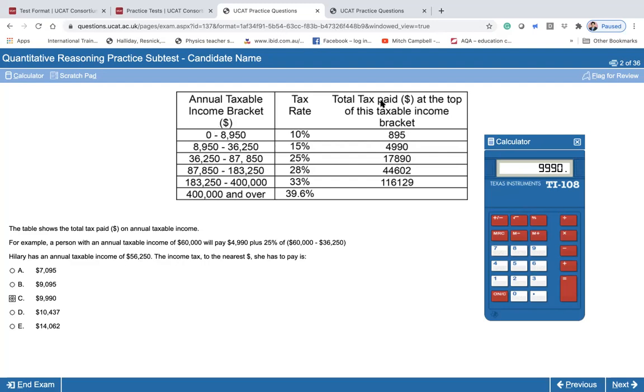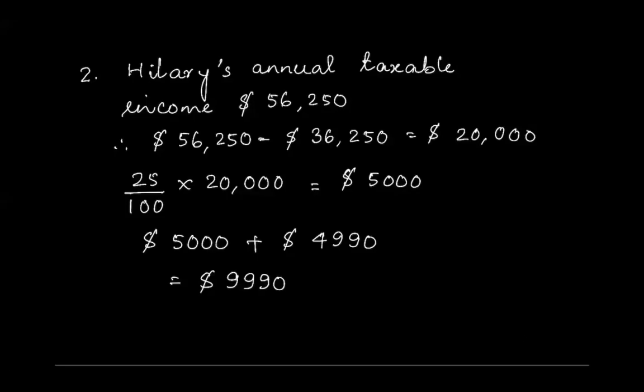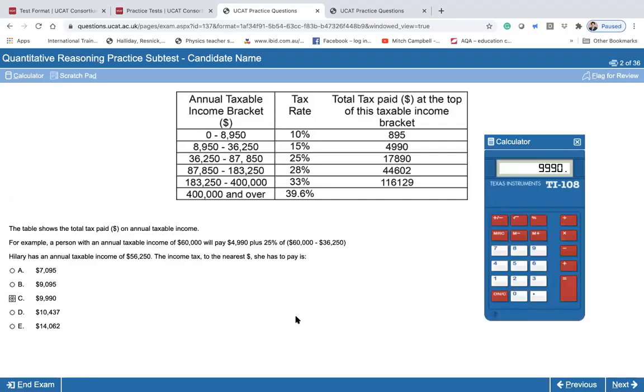I can just work it out on my iPad. 56,250 minus 36,250 comes out to be 20,000. Now 25% of 20,000 comes out to be 5,000. So 5,000, and she has to add 4,990. So the total amount she has to pay in tax is 9,990. So let's go back to the question. You have option C as the right answer.